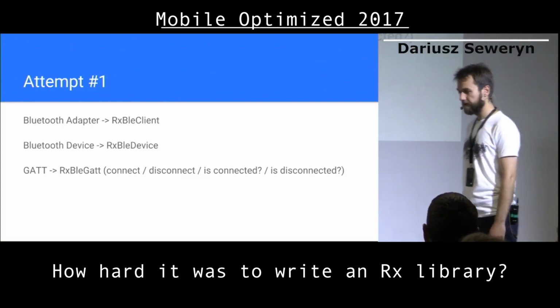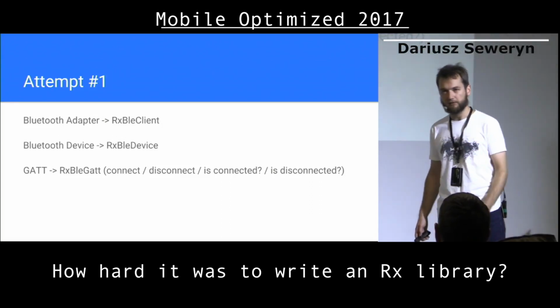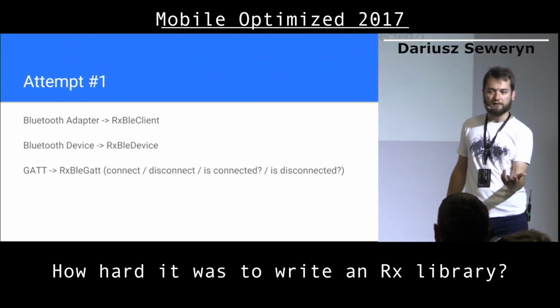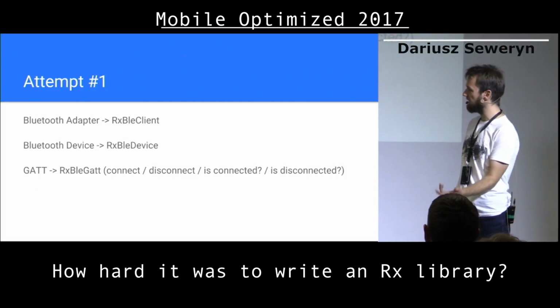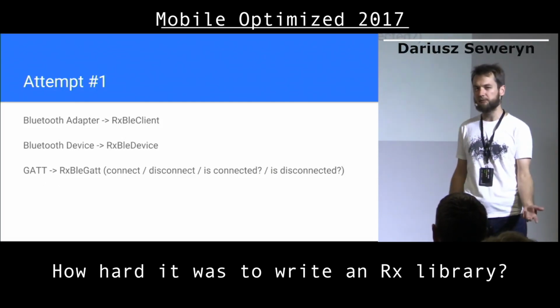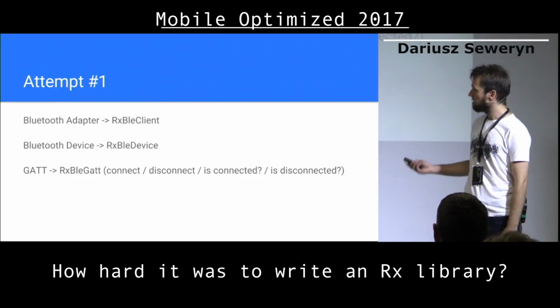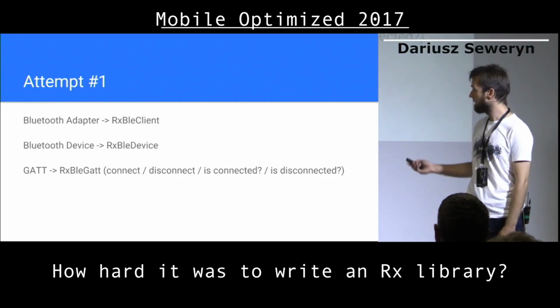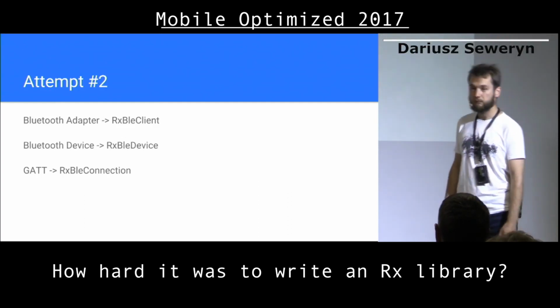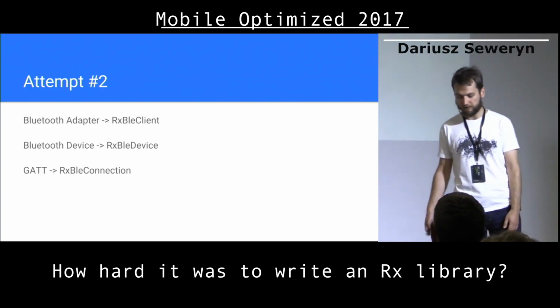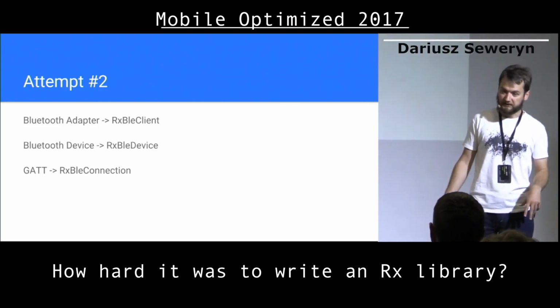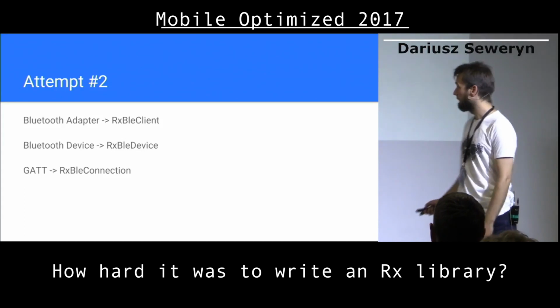So I fiddled a bit with the thought that, okay, I need to connect the GATT and disconnect it. So maybe the GATT isn't that important. Maybe a different abstraction will be better. I came up with Bluetooth connection, and that feels better.